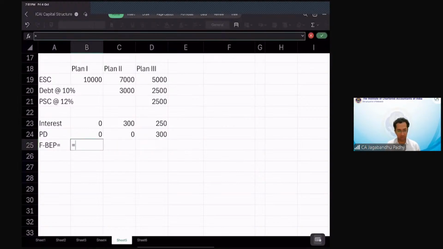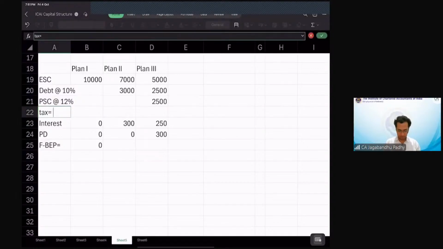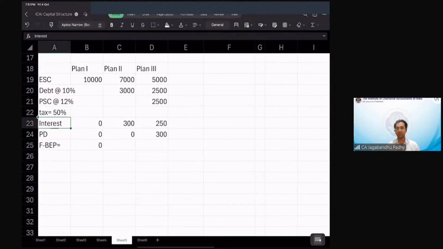So financial break-even point, applying the formula, can I say interest plus preference dividend divided by 1 minus t, where we assume the tax rate as 50%. The first case financial break-even point is 0.